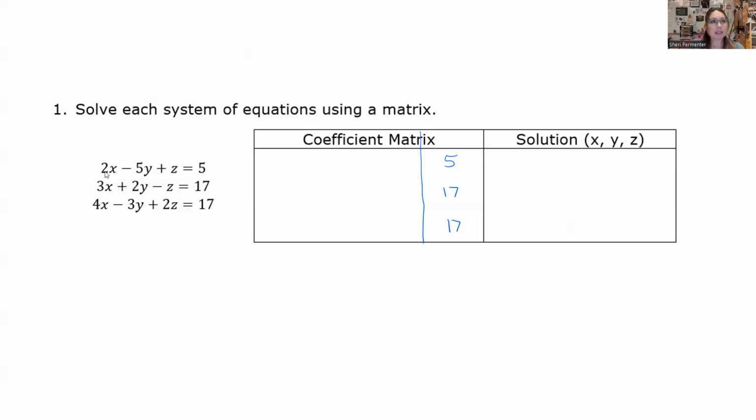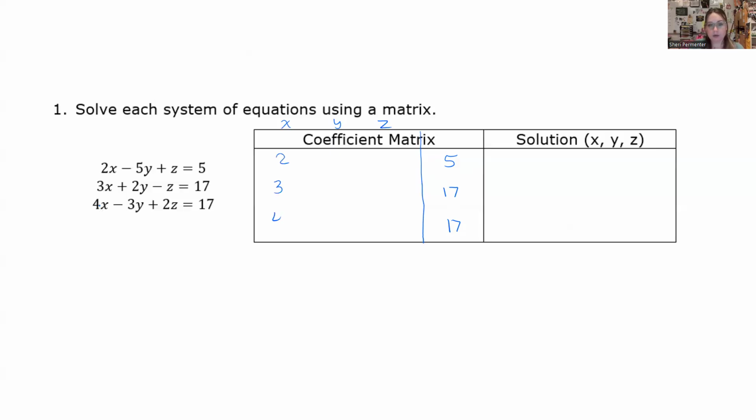Now I'm going to start with the X column. If you want to label your coefficient matrix so that you know what column you're putting these in, you can do that up at the top. You can say that this is an X column, a Y column, and a Z column, but no variables can go inside here. In my X column, the coefficients, or the numbers in front of the variables, are 2, 3, 4.